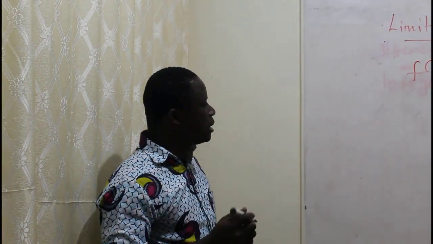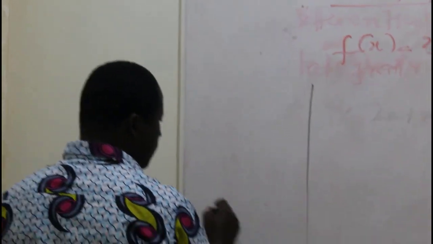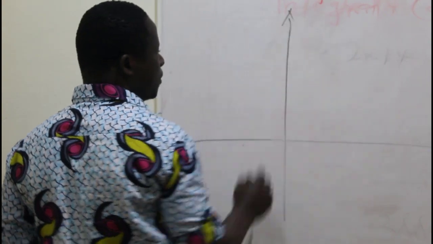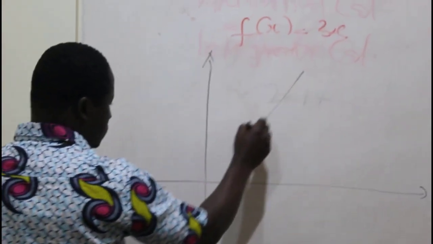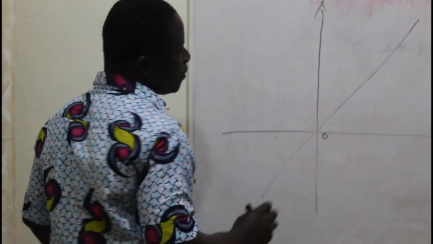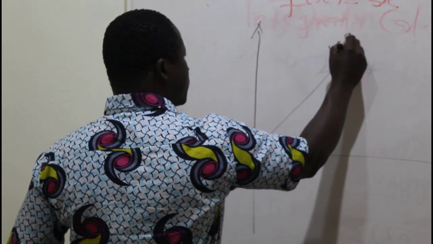if this function is graphed, we may see something like this. This is y equal to 3x.